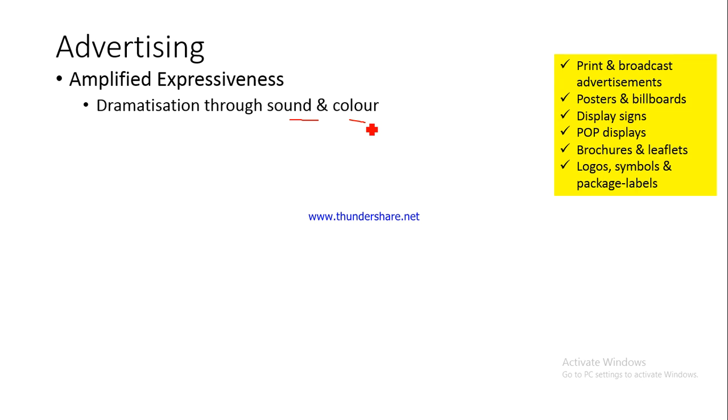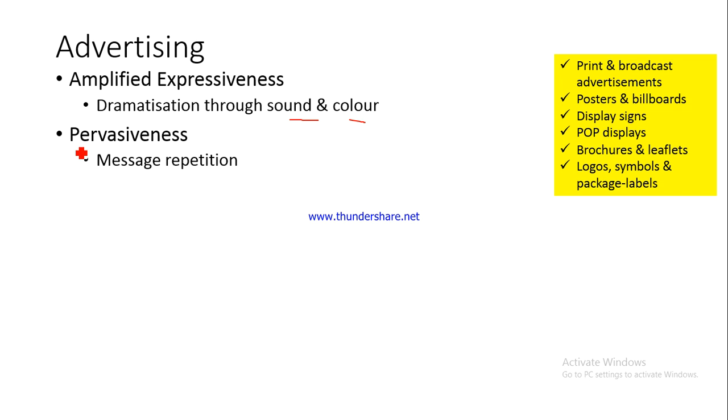Right, so therein you can make use of sound and color. In case of television ad, you can also make use of pictures, and this way you can express your ideas, you can express yourself in a more profound fashion, and that is what we mean by amplified. Amplified means very high, increased expressiveness.